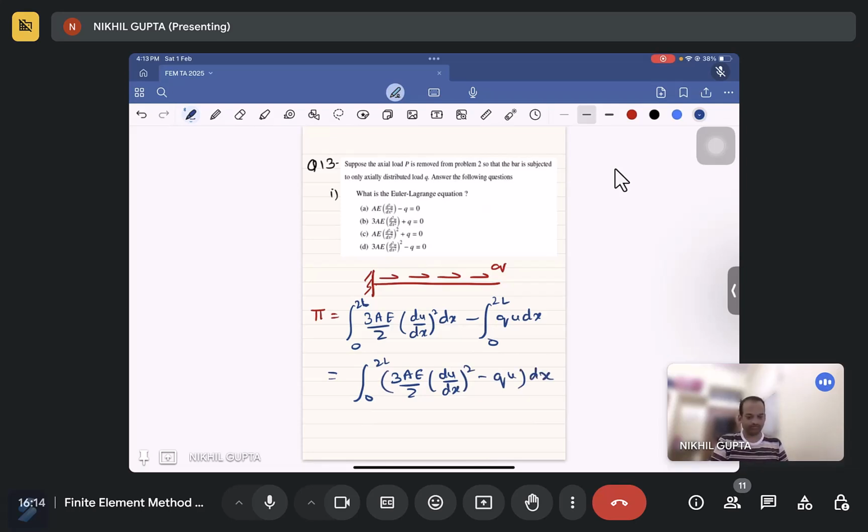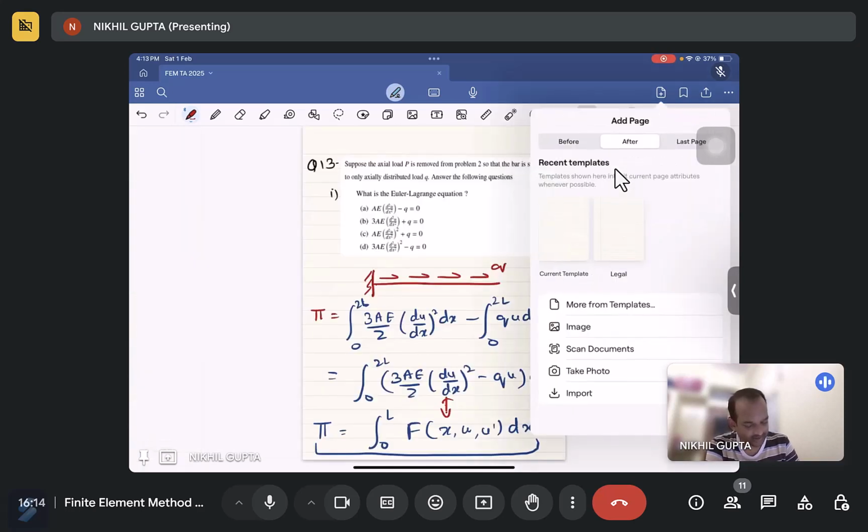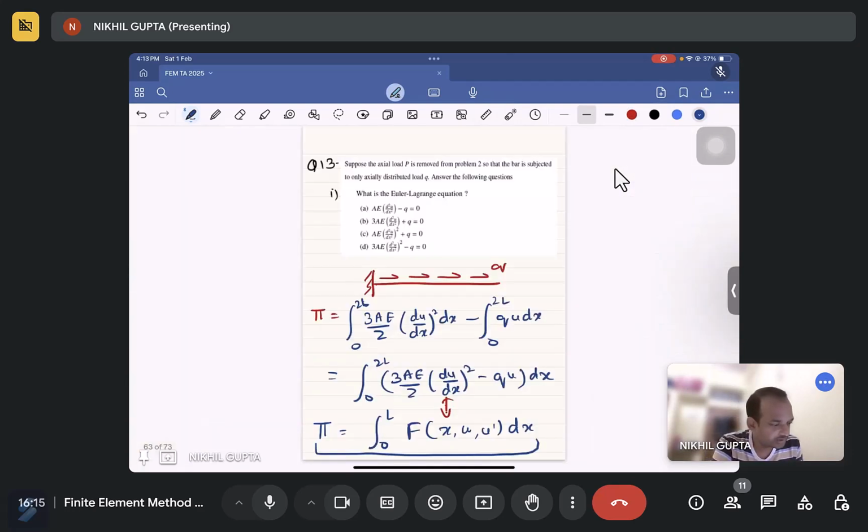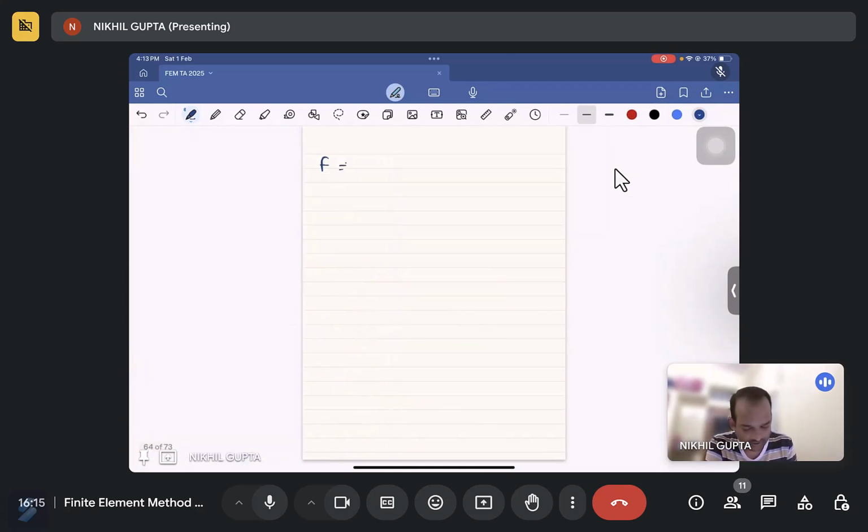If you have to get the functional of any potential energy function, the general equation is integral of F of x, u, u dash dx. If you compare this equation with this, you can get the functional of this problem, which is a functional of x, y, y dash.